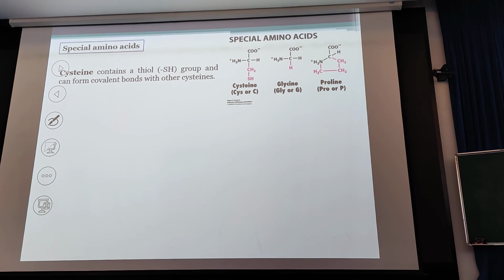So in proteins that we want to be more strong or stable, they must contain more cysteines because they can form disulfide bonds with other cysteines in that protein.